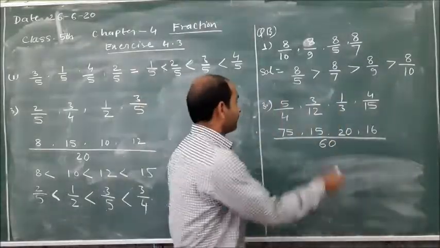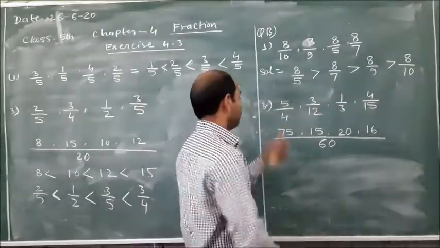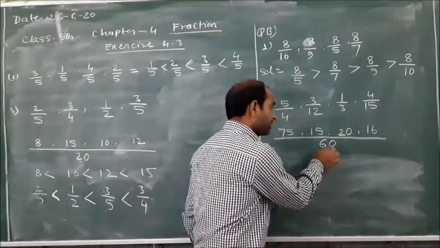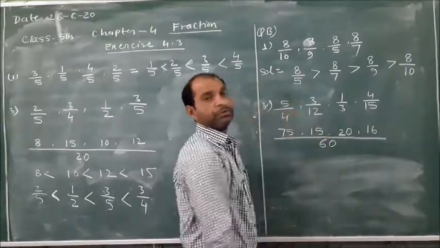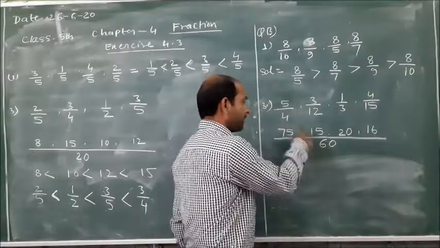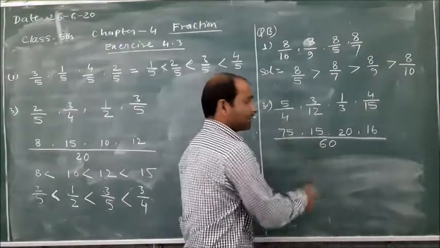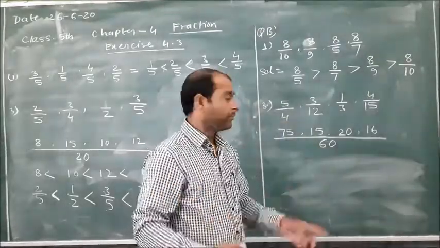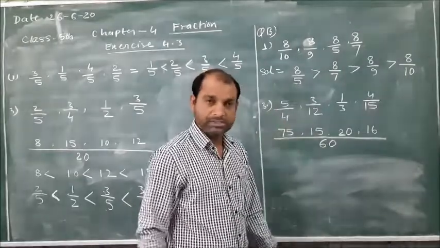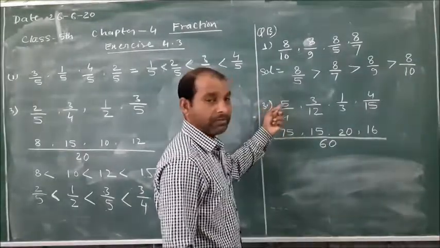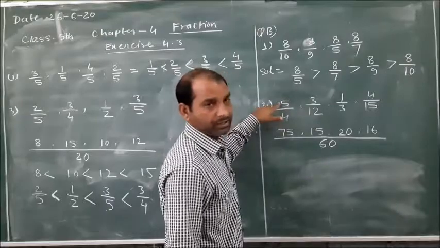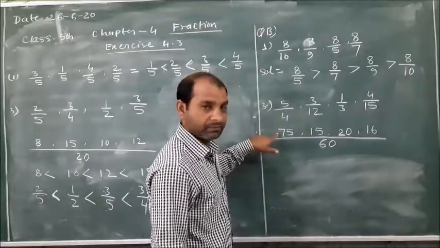So first what will we do? First we divide 60 by the denominators. 60 divided by 4, the answer is 15, because 15 times 4 is 60, and 15 multiplied by the numerator 5 equals 75.